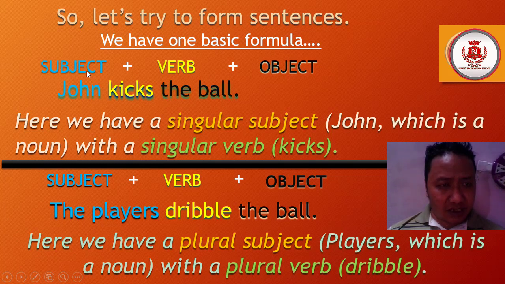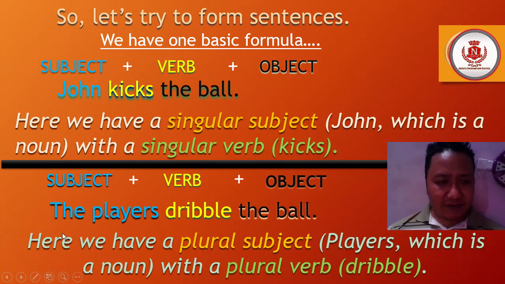Here we have a subject called John, which is a singular noun. Alright, John is one, so it's singular. So here we have to use a singular verb with the singular subject. But in verbs, like I said, we have an S in a singular verb.